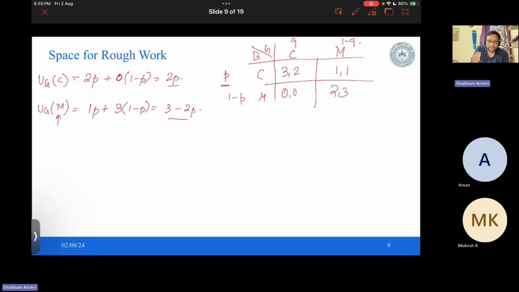Now again, we'll apply the same idea. We are saying that when the utility of the girl for both the strategies becomes the same, the girl will be indifferent between playing either cricket or movie. So when 2P equals 3 minus 2P, have I done some error?